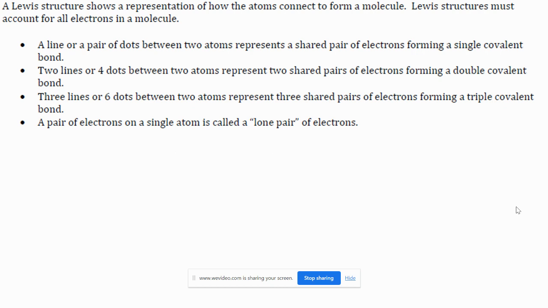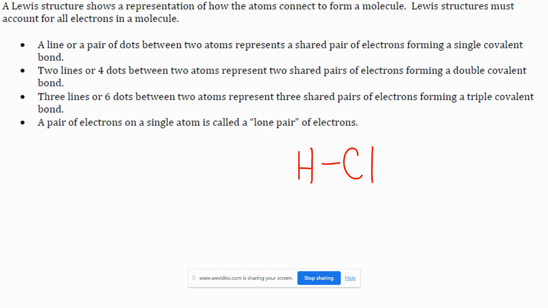We typically will count how many electrons we've got, and we either have a line or a pair of dots between the atoms. Those are going to represent your shared electrons. So if you're doing your Lewis dot structures and you want to attach hydrogen to a chlorine, you could do 2 dots, but typically it's done with a line. It's faster. So a line counts for 2 dots.